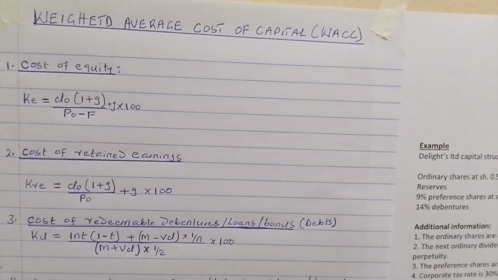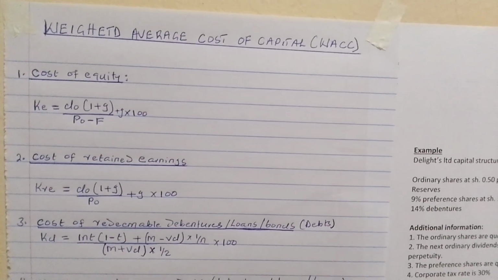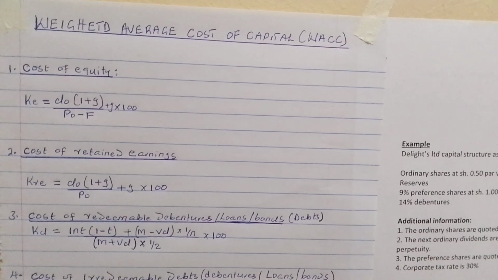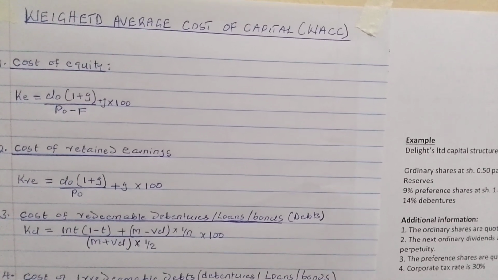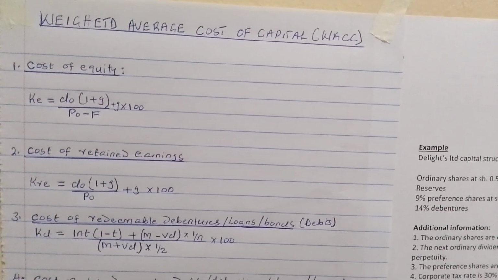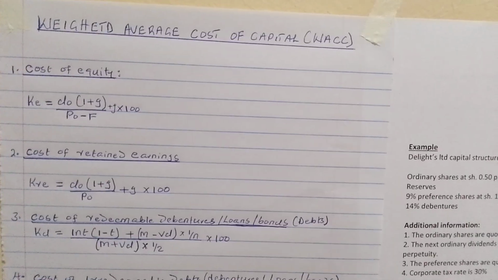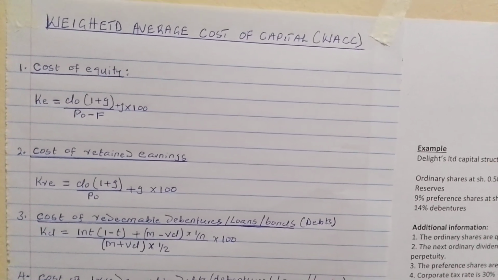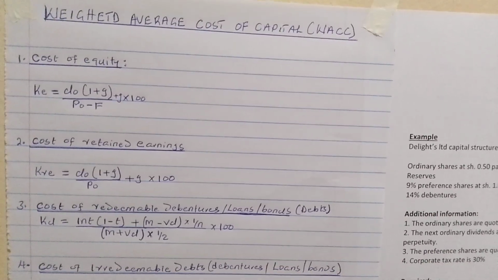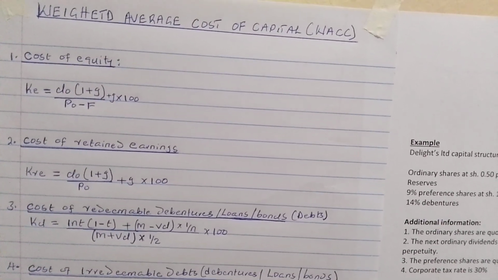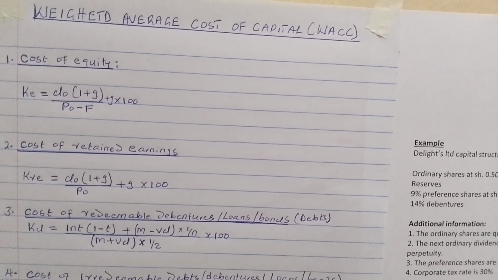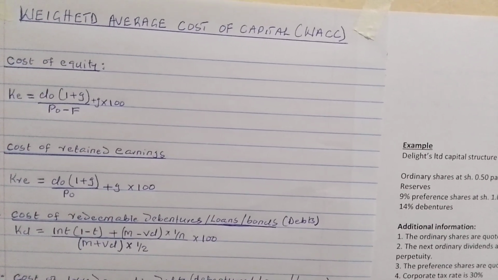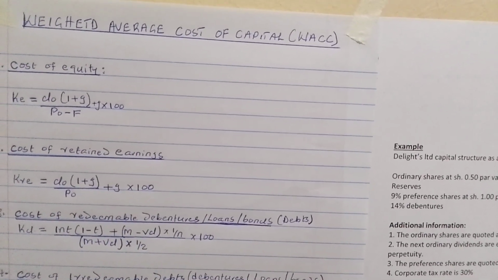This is a revision class, and I believe that you are conversant with cost of capital, and I believe you know different sources of capital that are available for a business entity, which may include internal sources, external sources.